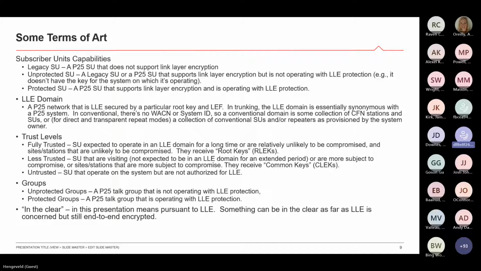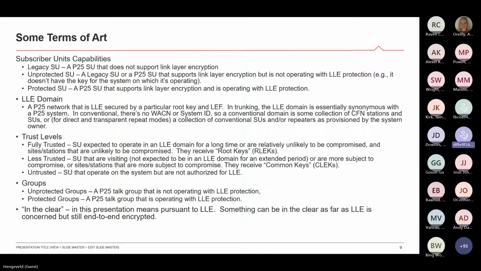We also make a distinction between protected and unprotected groups. A protected group is one that's operating with LLE protection. An unprotected group is one that's not. Now, you can have a protected SU that's authorized to use unprotected groups.